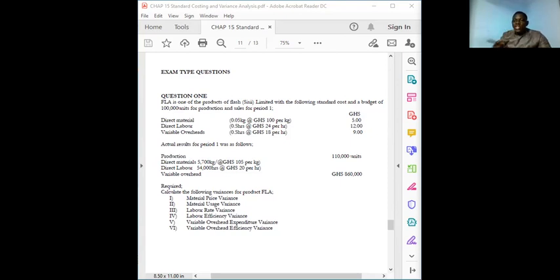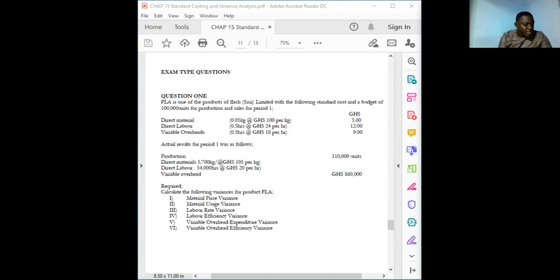So we actually used 5,700 when we should have used 5,500. So meaning there is an adverse variance. I've used more materials than required. So there's an adverse variance of 200 kg. We are going to measure it at 100 Ghana cedis.